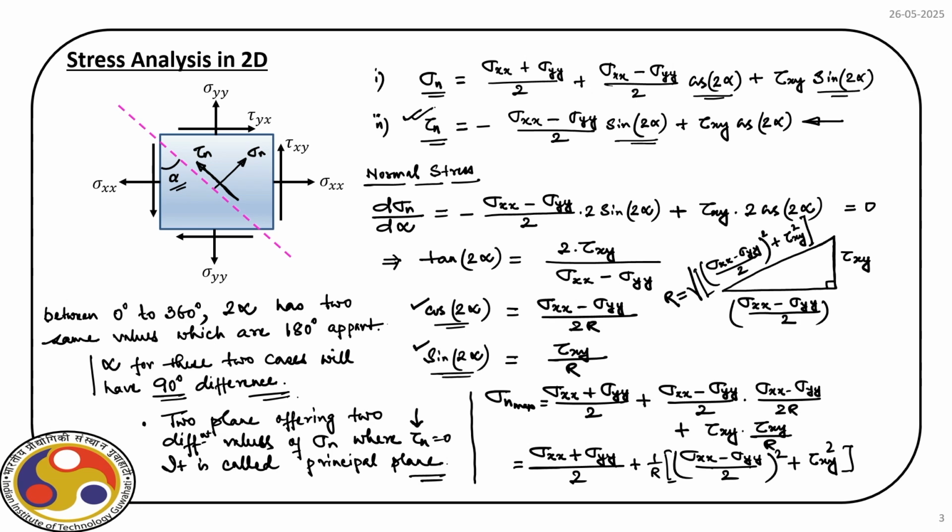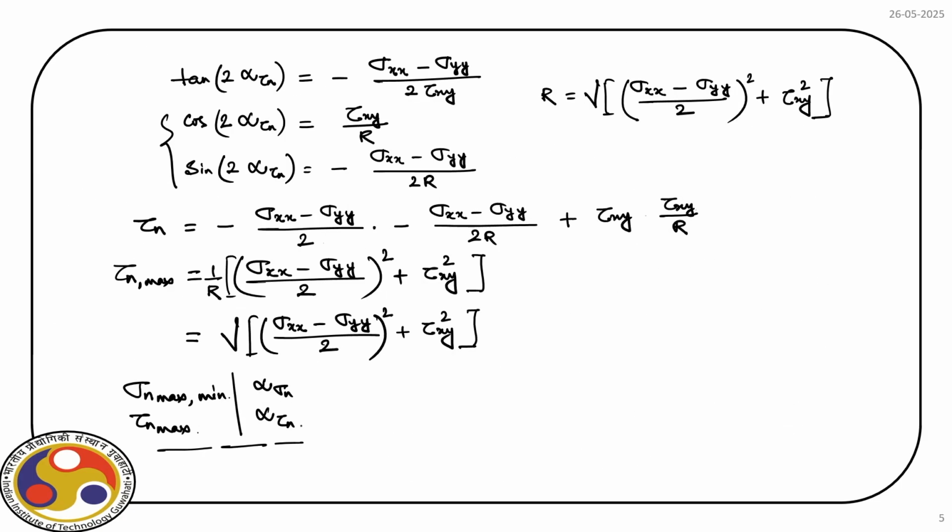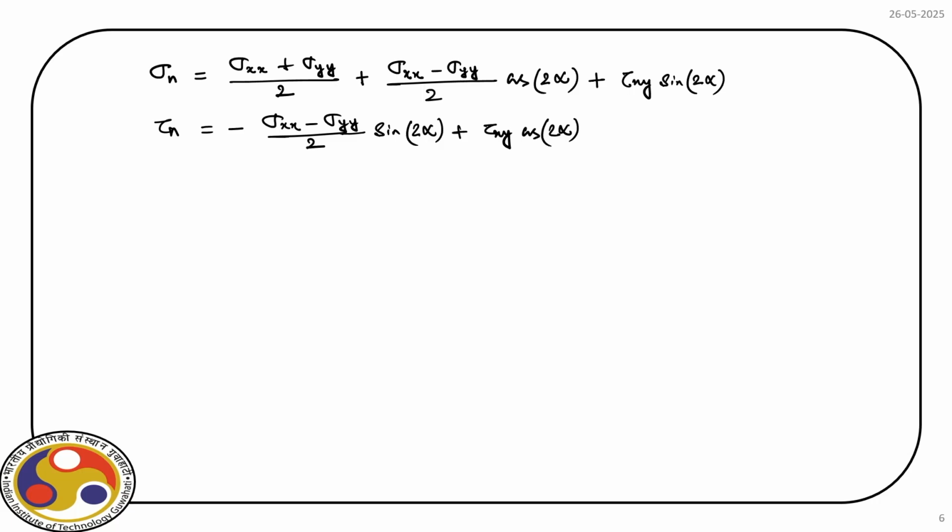So, we have equations 1 and 2, and what we are going to do now is to combine these two equations and see how it looks. Before that, let us identify that we have two normal stresses, sigma xx and sigma yy.